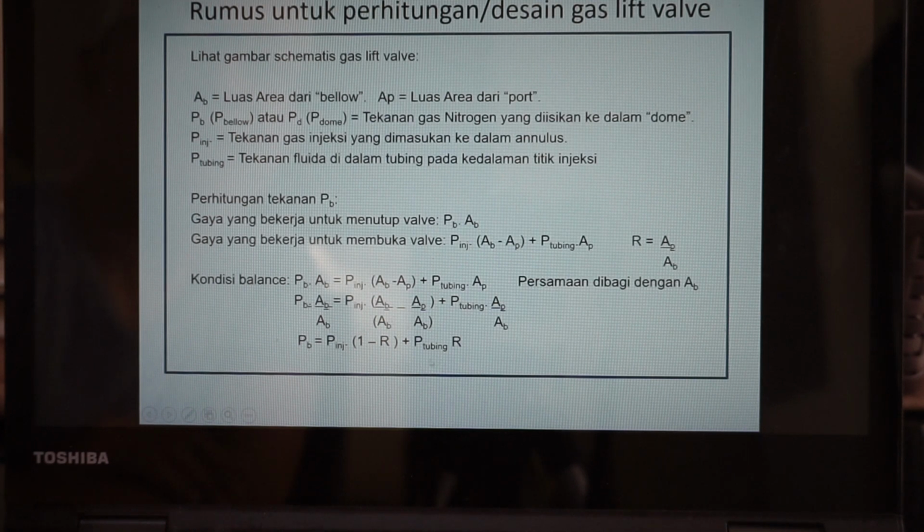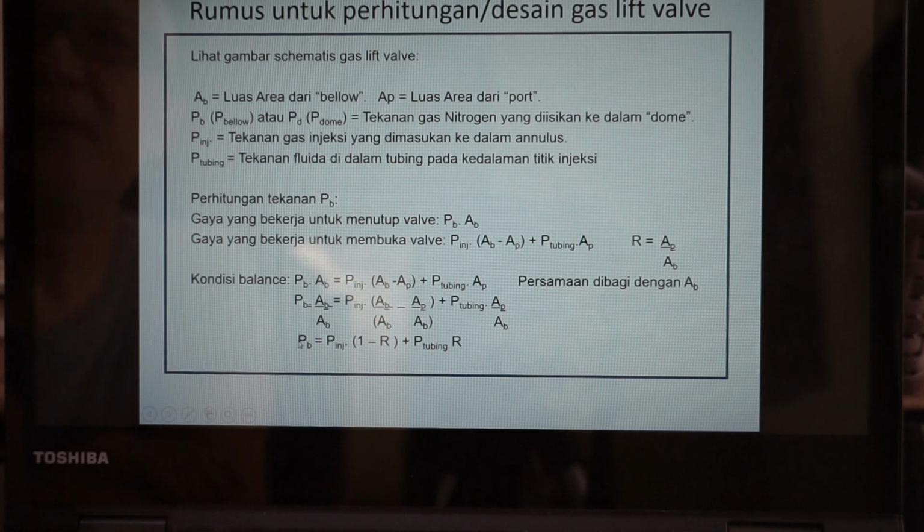This is the equation where P below should be set at this pressure in order for the gas lift valve to be closed.